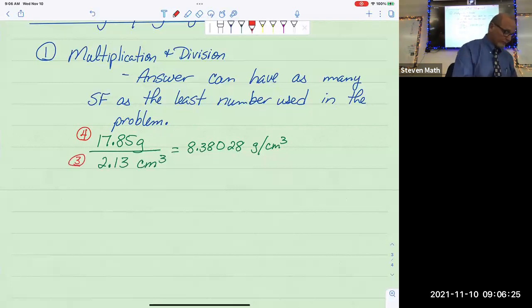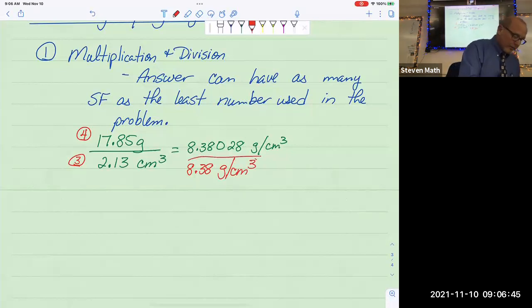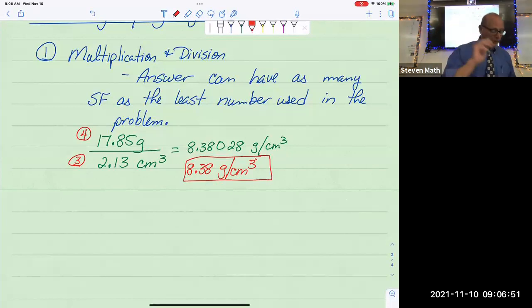Which one's smaller? 3 is smaller than 4. Stick with me. So my answer can only be 8.38. And we'll round, don't truncate. We'll round to make that work. Yes, not the value, but the smallest number of sig figs.